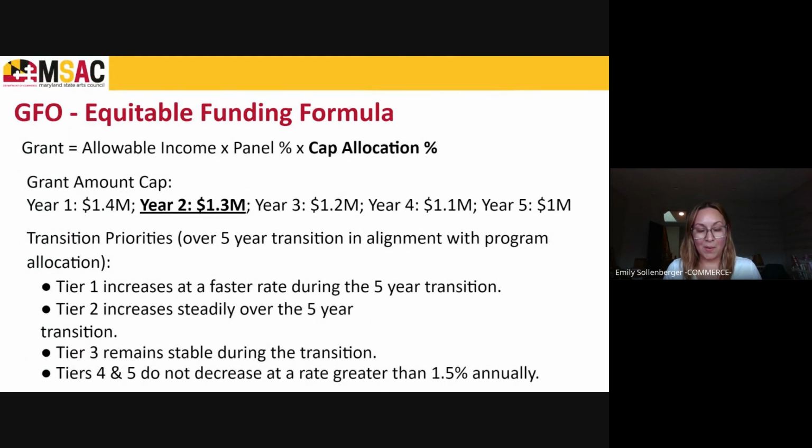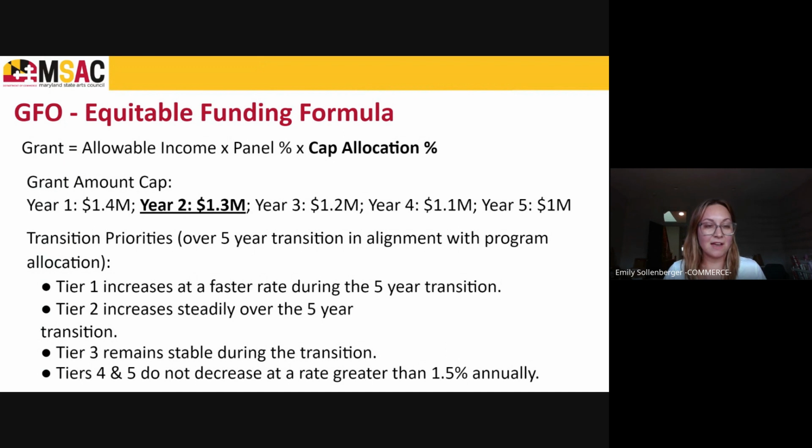So as we're going through this, there's a couple of other things that we're keeping in mind that our editors also recommended. And that is to cap any one organization to not get over a certain amount. So this past year was 1.4 million. Year 2 in FY25, we're looking at a cap of $1.3 million. So no one organization can get more than that amount.